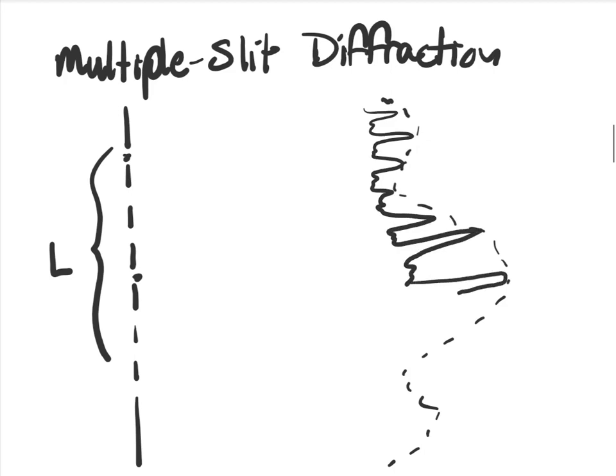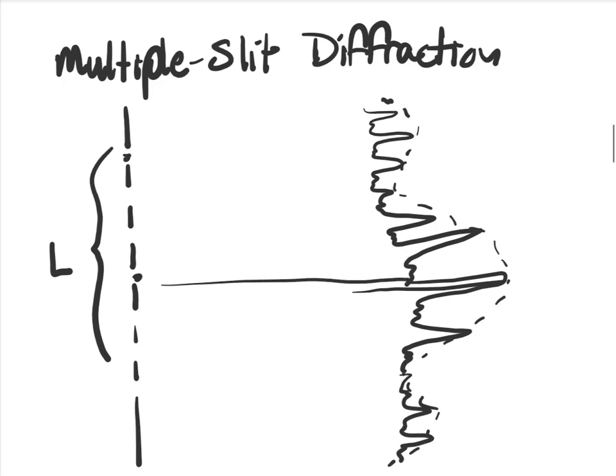That is what the result of having multiple slits is in the far field. One sinc multiplied by another, and we're going to look to see this super narrow angle right here, which we'll call phi again.